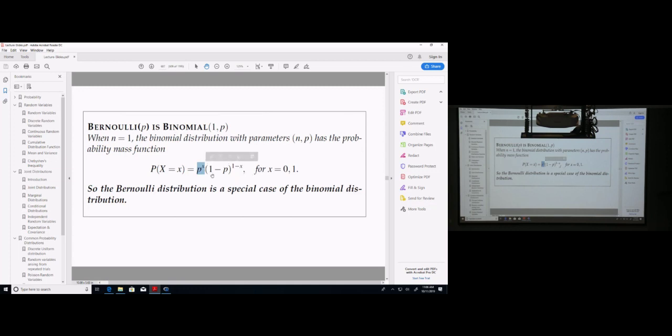If x is equal to 1, this term will not appear because this is 1. So you will have your usual table: either 1 minus p for 0, and then p for 1. So it's the same, all right?